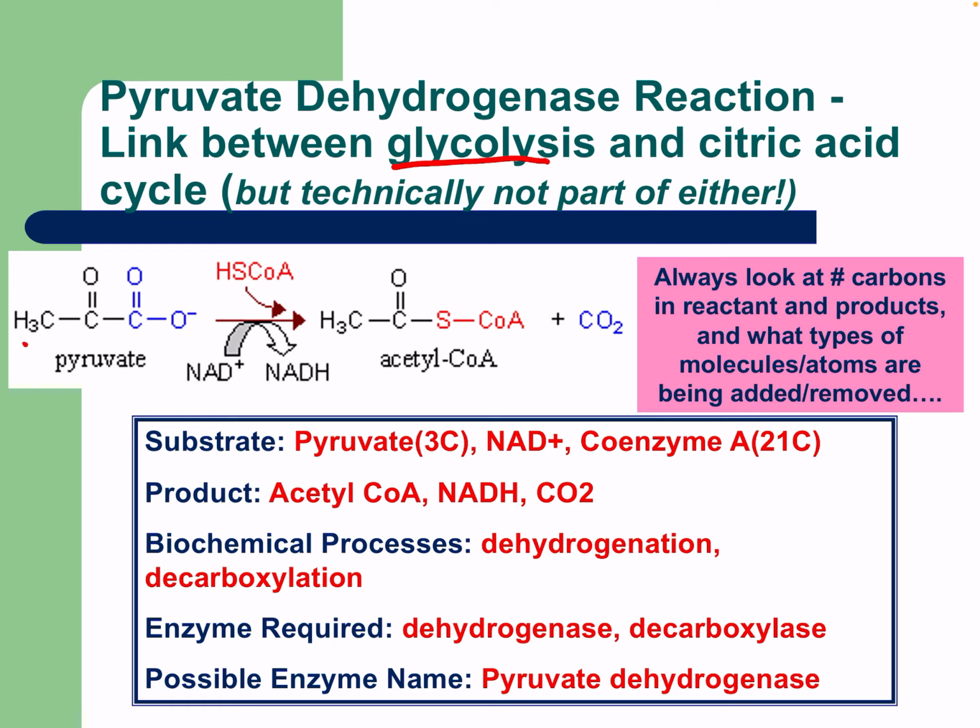So here we have our 3-carbon pyruvate. Again, we have coenzyme A being added, and we have our NADH being formed. Then we have the formation of our acetyl-CoA, which is 2 carbons, and we produce 1 CO2.